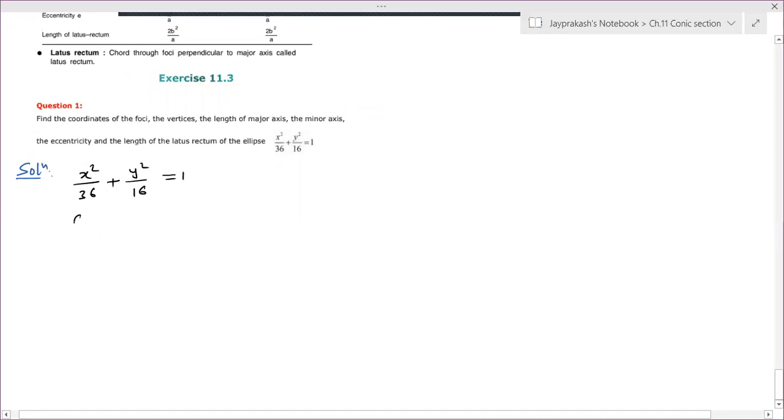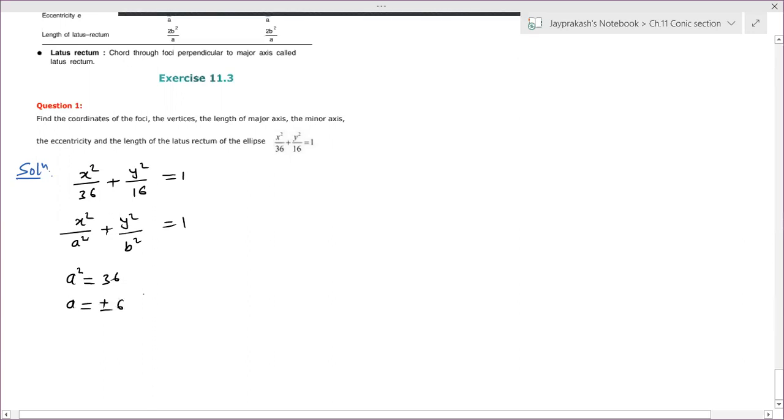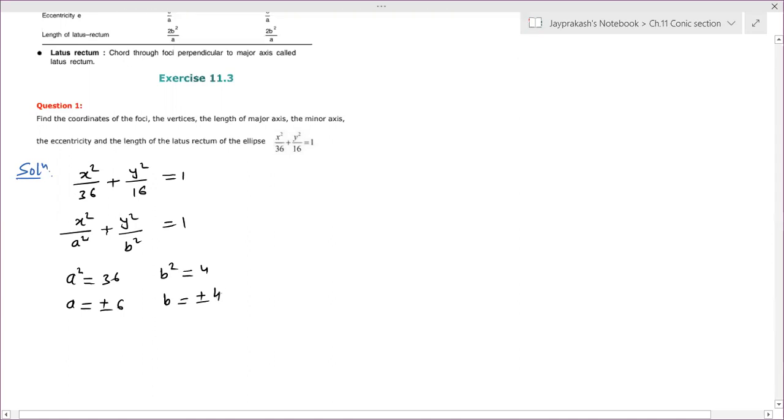So the equation of the ellipse is x square by a square plus y square by b square equals 1. So a square is 36, which means a is plus minus 6, and b square is 4, so b is plus minus 4.